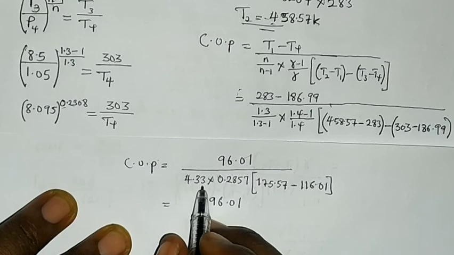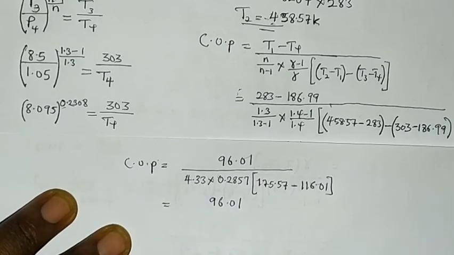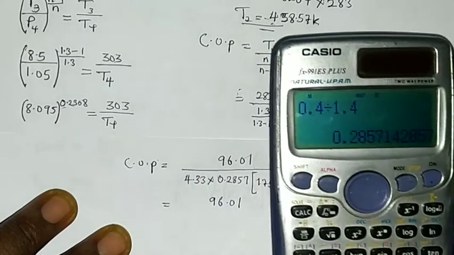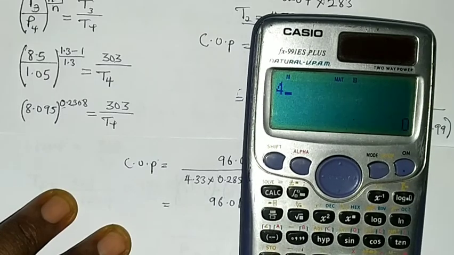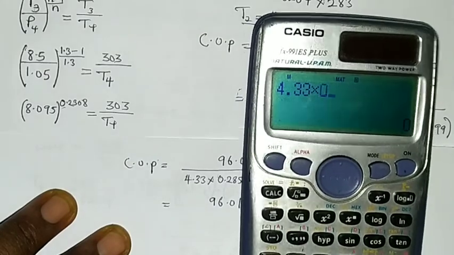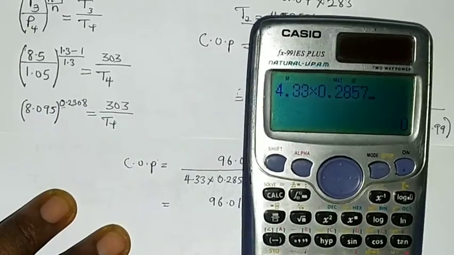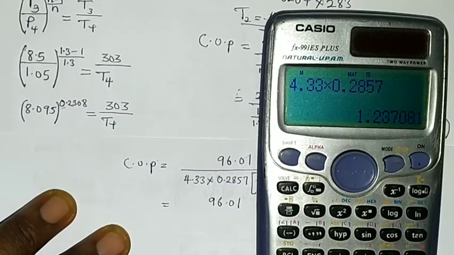If you multiply 4.33 times 0.2857, we get 1.237.